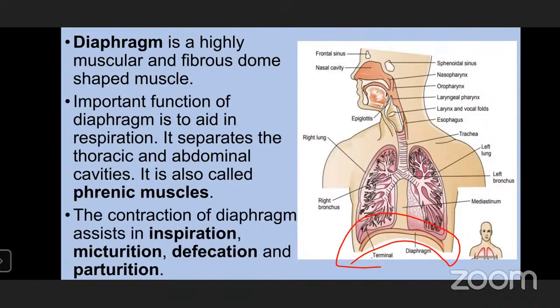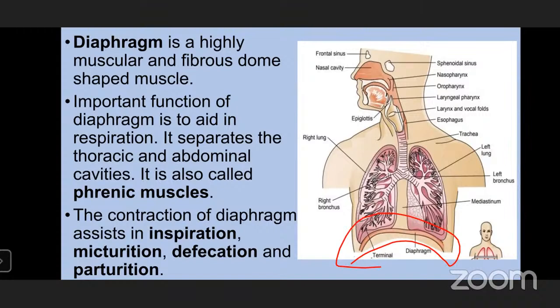Now, the contraction and relaxation of diaphragm helps in many processes. When it contracts, it helps in the process of inspiration, micturition, defecation, and parturition. So all these are the processes which involve the contraction of diaphragm: inspiration, that is taking in air; micturition, defecation; parturition, giving birth.